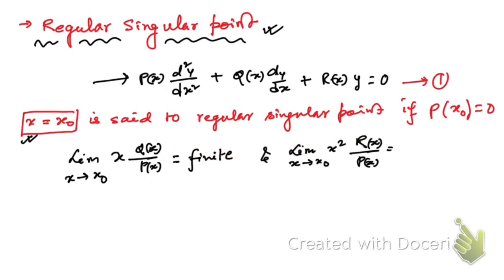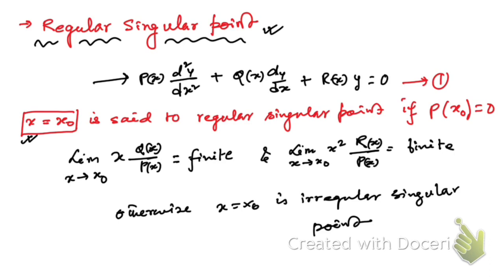And also the limit of x square into r of x by p of x must also be finite. Then only we can say that this point is a regular singular point. Otherwise this will be an irregular singular point if it is not regular, right? So hope you have understood this.